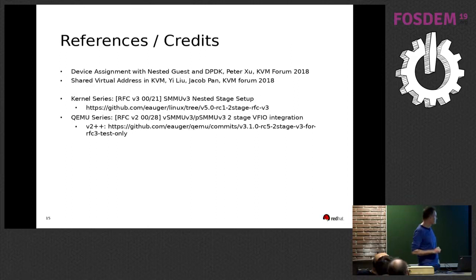Also a presentation about shared virtual address in KVM, which is more of an Intel-related use case. And you have the pointers to the kernel and QEMU series if you want to test the feature. So thank you for your attention.